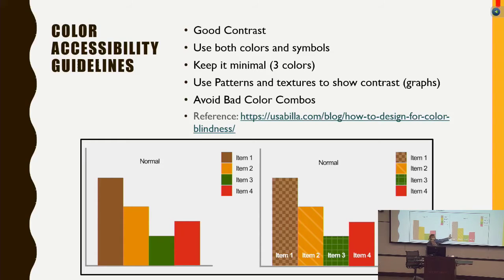If you can't see the color, you can still see there are stripes here, there's a checkerboard, there's a graph. It will allow them to see the distinction between these. So use good contrast, use both colors and symbols.